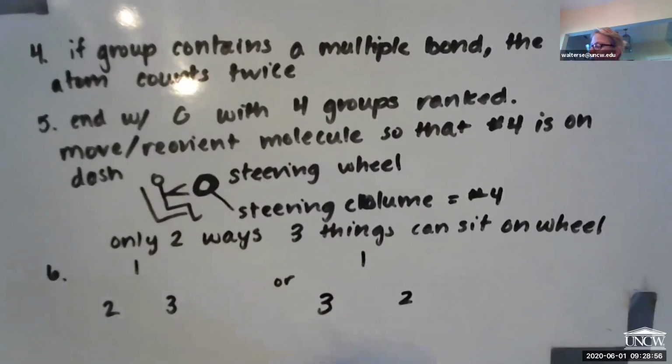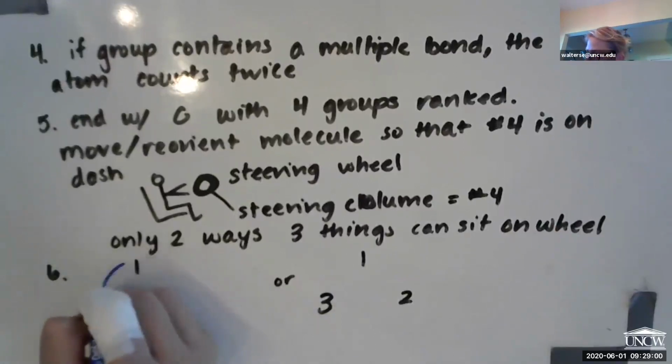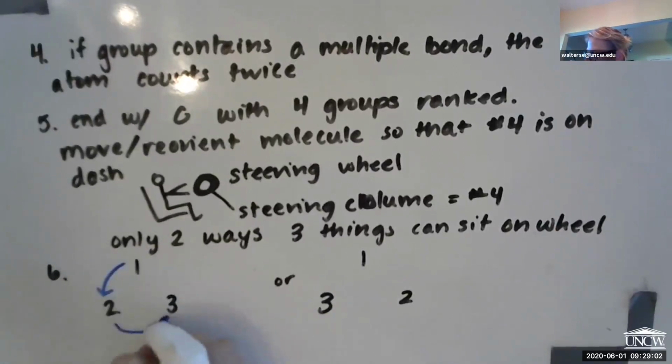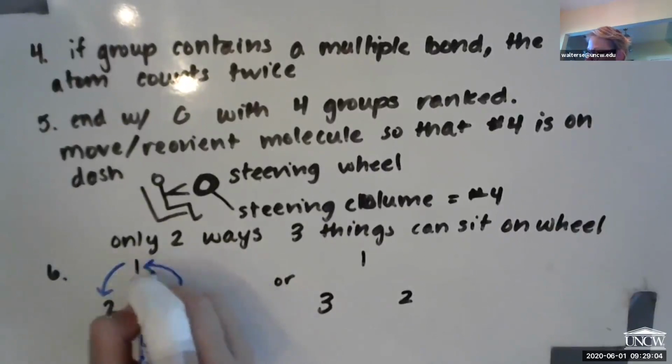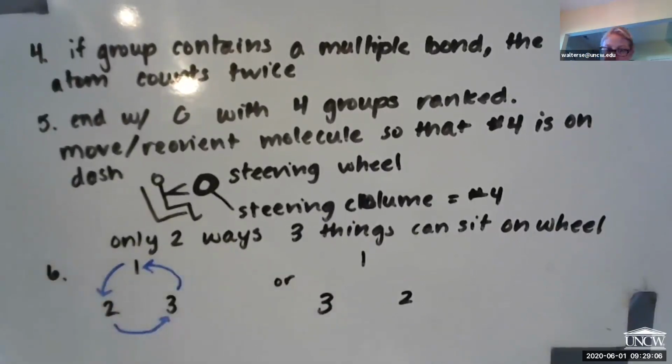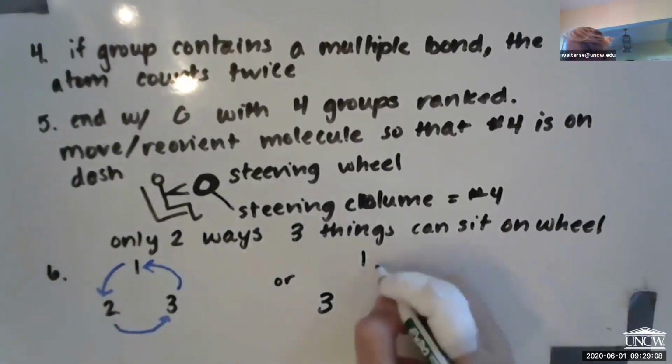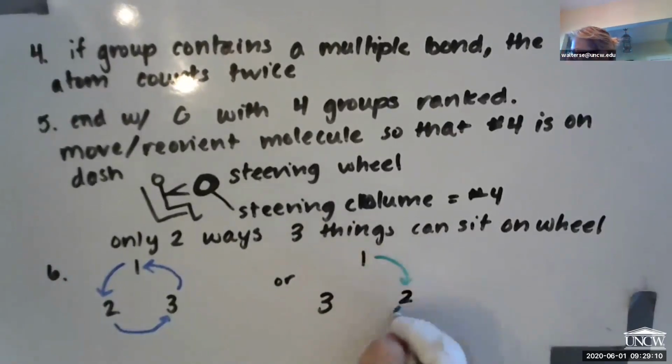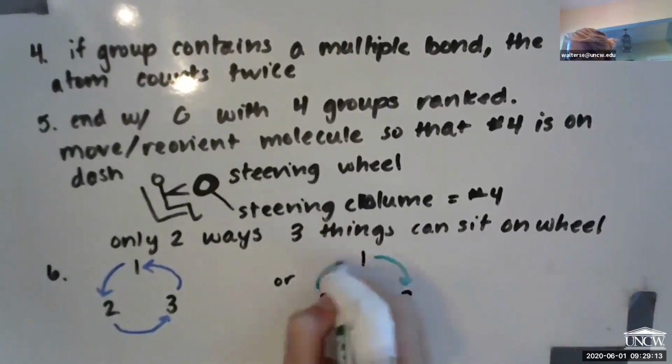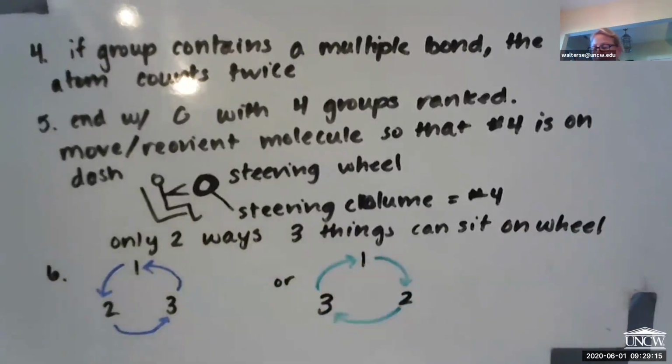Once you have it oriented, you connect 1 to 2, 2 to 3, 3 back to 1. Over here, 1 to 2, 2 to 3, 3 to 1. Then you put your hands on that steering wheel, that circle you just made, and you turn in the direction that the arrows are pointing.